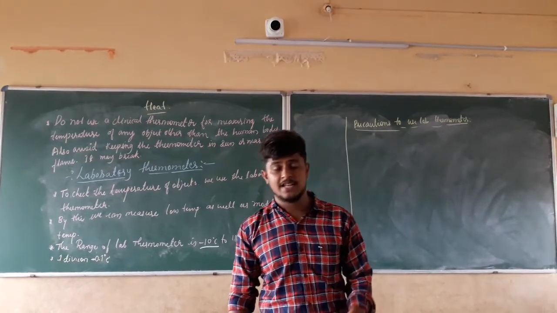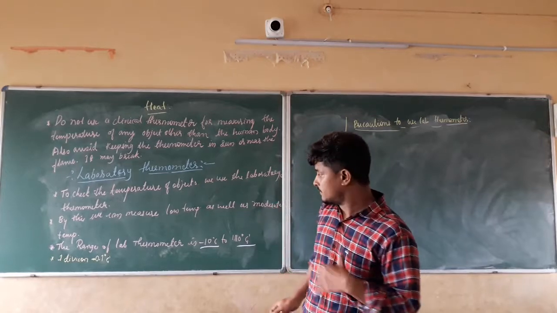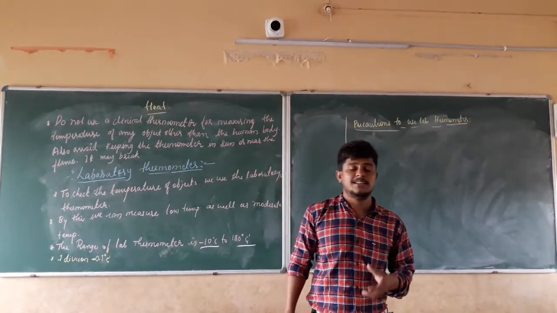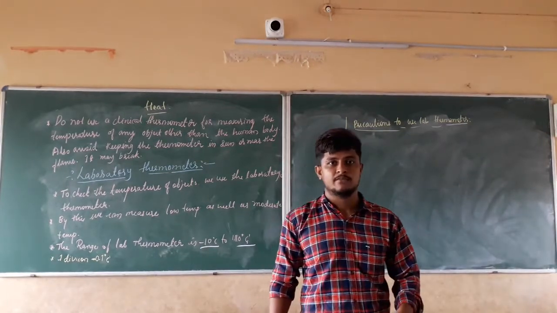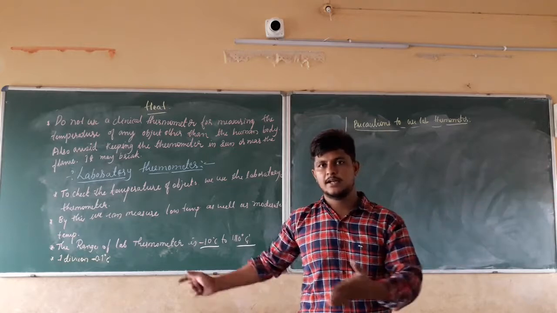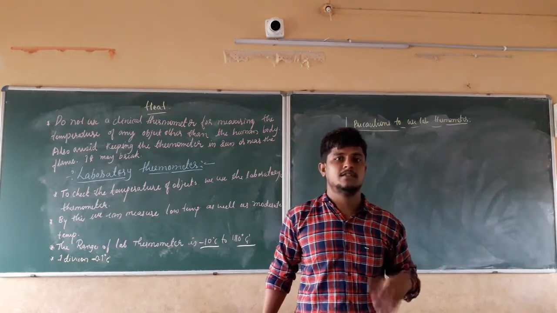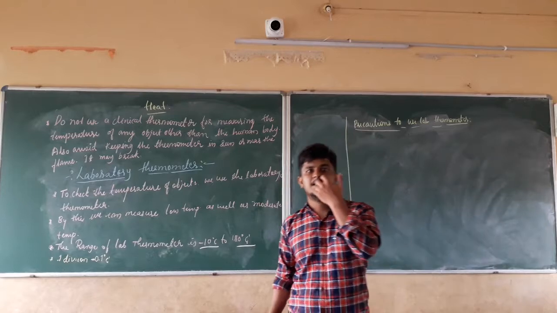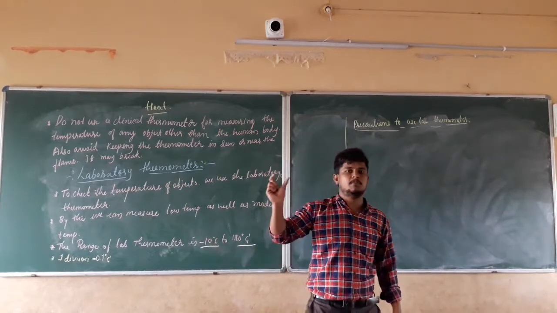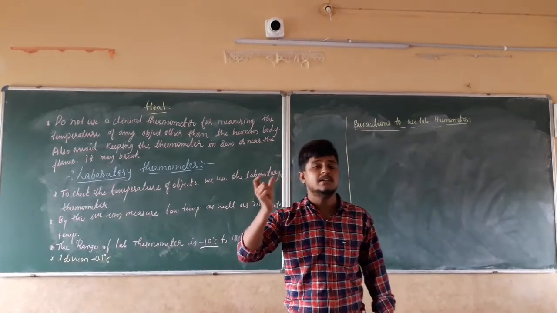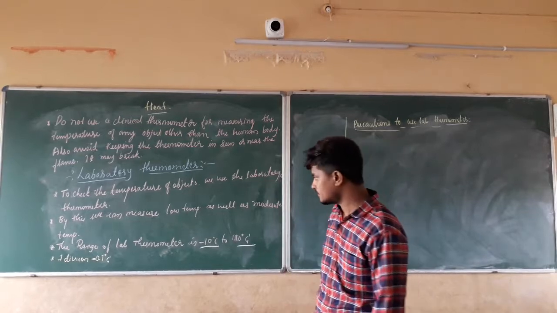By this, we can say that it can measure up to 120 degrees Celsius of temperature. Minus 10, there will be 10, 110. 110 plus 10 equals how much? It will be 120 degrees Celsius. By this, we can measure up to 120 degrees Celsius of temperature.